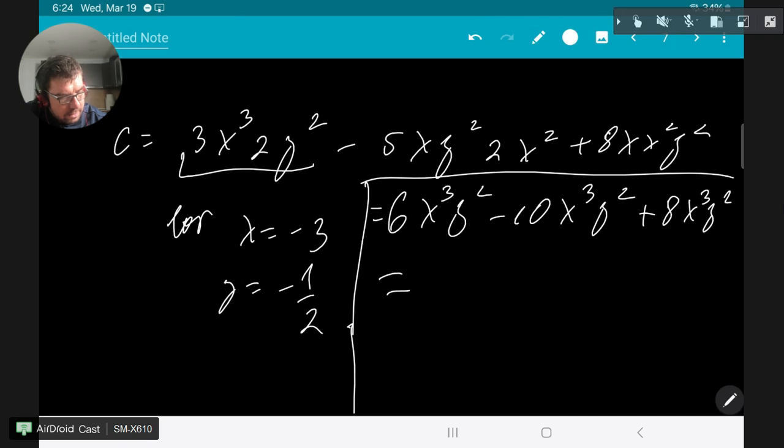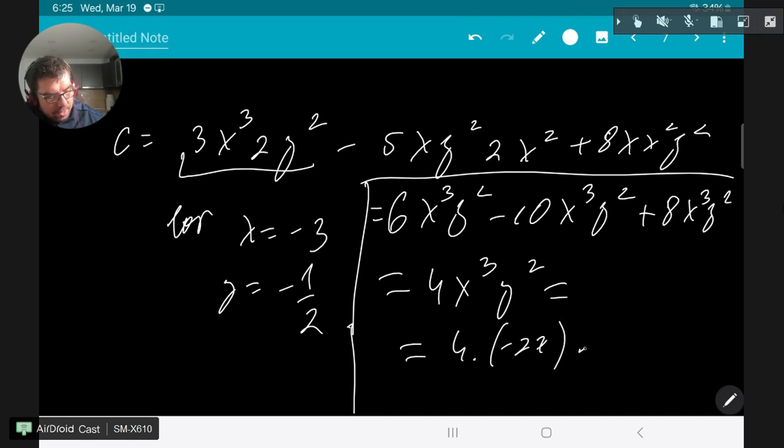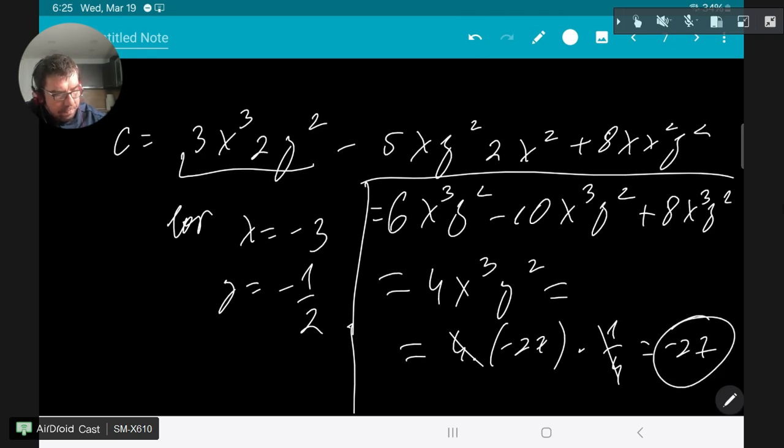So I have 6 plus 8, 14, minus 10 is 4, x to the power of 3, y to the power of 2. Substitute the number, so I get 4 times minus 3 to the power of 3 is minus 27, minus 1 half to the power of 2 is 1/4, cancel, minus 27, and that's the result here.